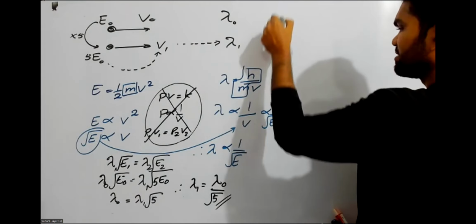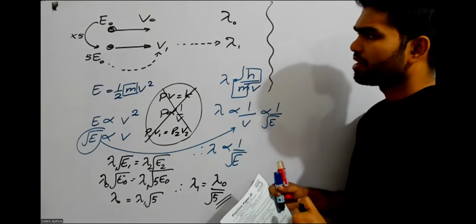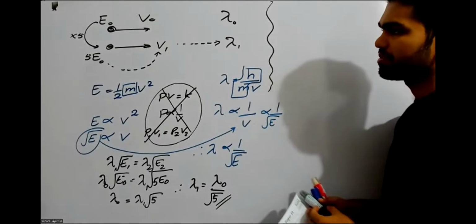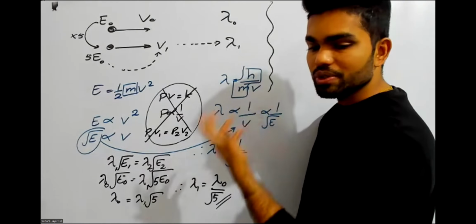Then the thinking process, which is also very simple. If you master these things, you can take the answer within your head. It's not a problem. So just think here. If you increase the kinetic energy by some amount, it will affect the speed as a root.